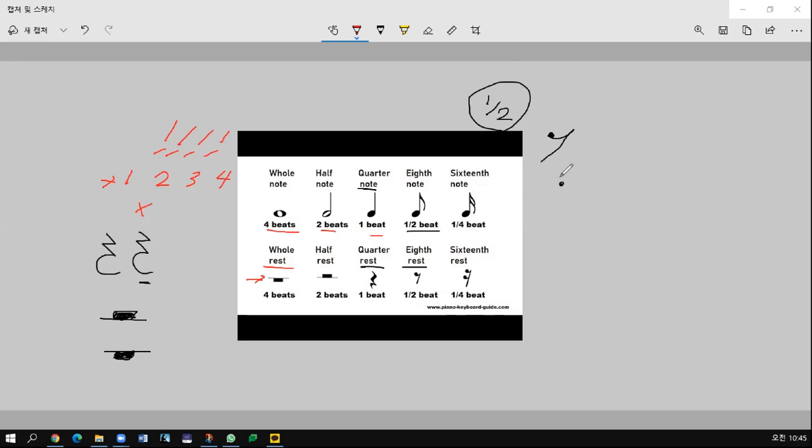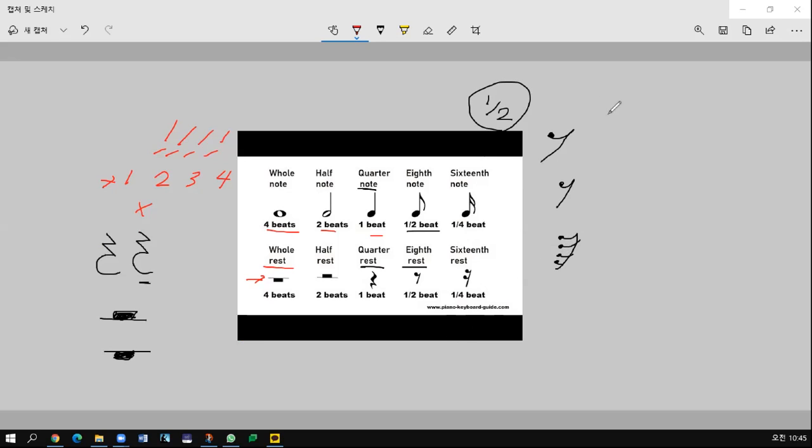That is the eighth rest. Then you can add one more dot, going up a little bit, and this is the 16th rest. For 32nd, you add one more, and for 64th, you add one more, like that.